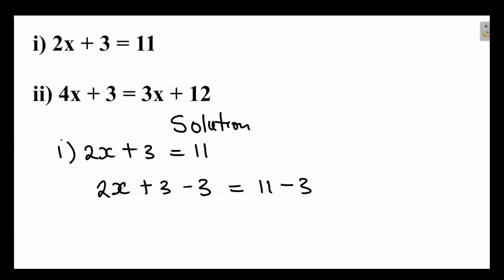Note that any operation you carry out on the left hand side should also be carried out on the right hand side. Plus 3 minus 3 is equal to 0, so they cancel out. So we have 2x equal to 11 minus 3, which is equal to 8.